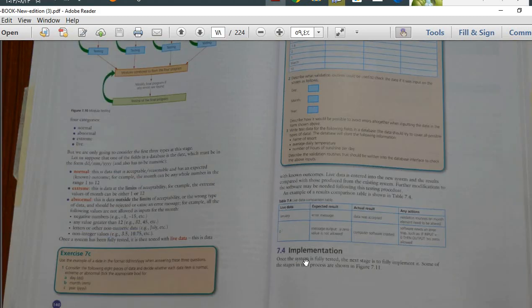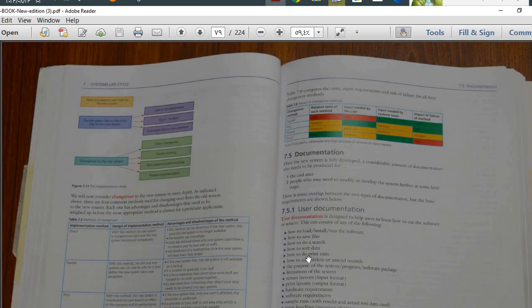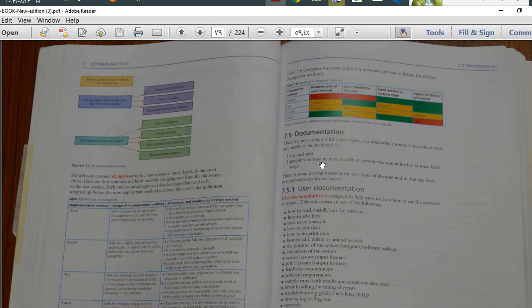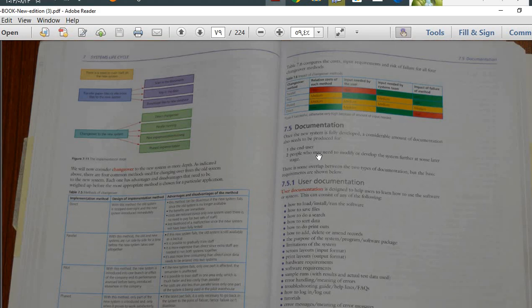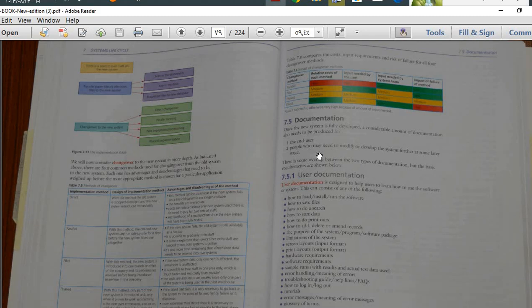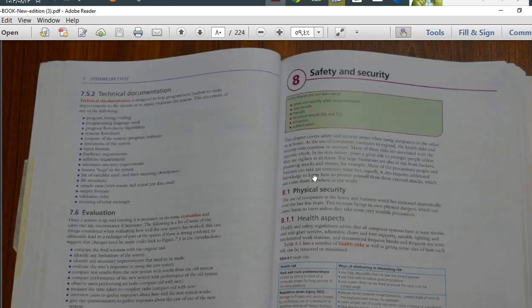Then the implementation of the parts of the system, documentation, how to document all documents in the application, and how we use documentation, etc.